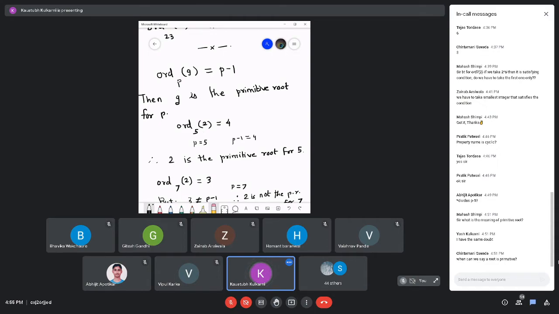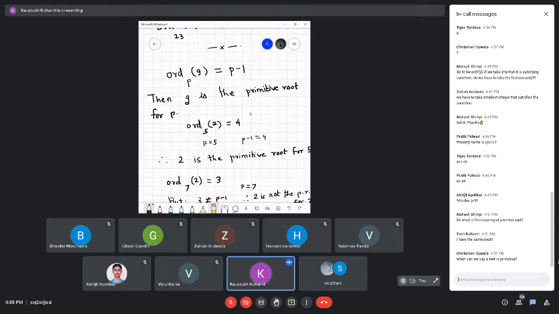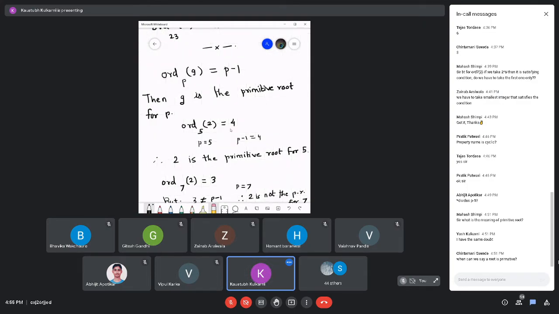What is important is the modulus. If the modulus is prime, then there is an if-then: if the order of G modulo P is P minus 1, then G is the primitive root for P. And if the order of G modulo P is not equal to P minus 1, and is in fact less than P minus 1, then it is just an order. Then it is not a primitive root.